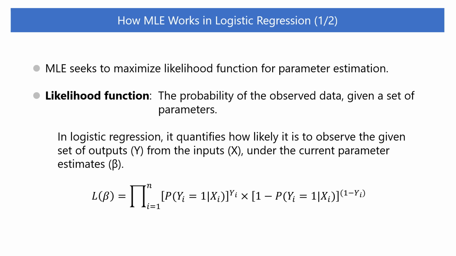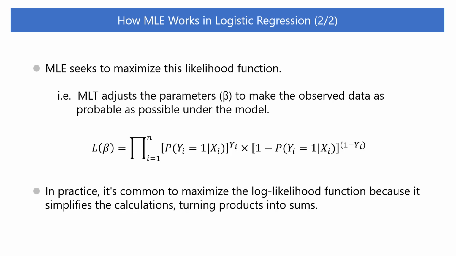For those in class 0, we use 1 minus the predicted probability. MLE seeks to maximize this likelihood function. That is, it adjusts the parameters to make the observed data as probable as possible under the model. In practice, it's common to maximize the log of the likelihood function because it simplifies the calculations, turning products into sums.